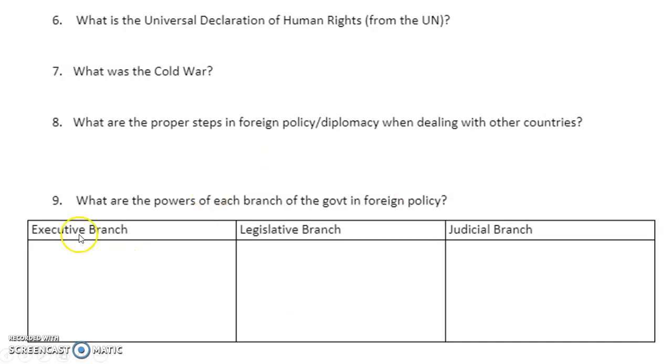However, the legislative branch has a power or two here where they have a little say. And then, of course, bless their heart, the judicial branch, they have a little bit of say, but not much. So I believe we did an activity on this, and it's in your notebooks, and you should be able to go back and look at that as well. But I'm sure that you could probably go and Google this as well and find something that you can use.